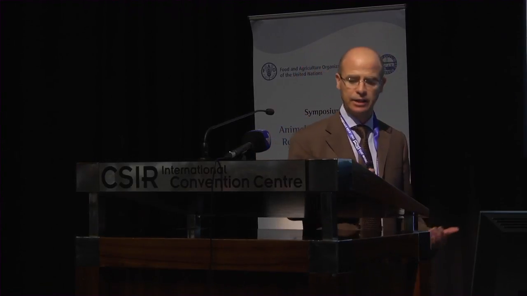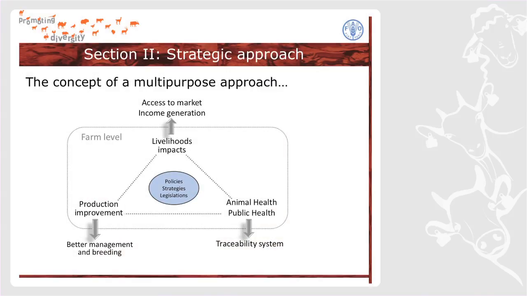So as you can see, there are many uses and many benefits of animal identification and recording, and it's not just a tool in itself. It's a tool, but the benefits are several. But in order to have these benefits, we need policies, strategies, and legislation to implement such a tool.